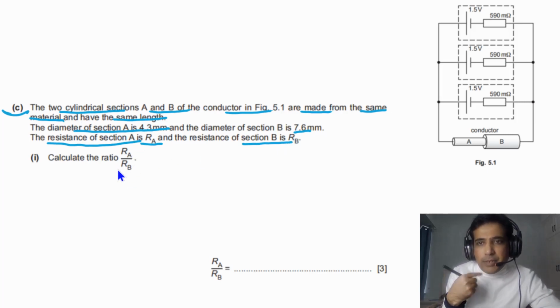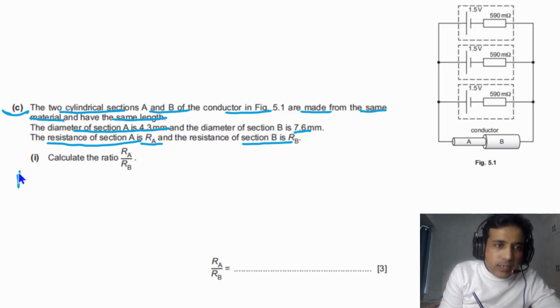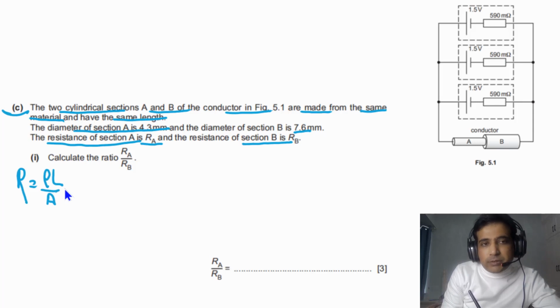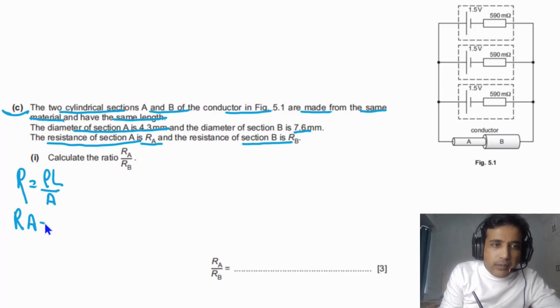So the best way to start this question is we can start with R. Resistance is equal to rho L by A. It is given to us these two conductors, they have the same length, they are made from the same material, so their resistivity is also the same. So it simply means that RA, this is equal to rho times L, and this one is constant.